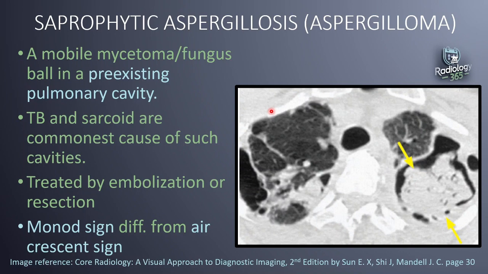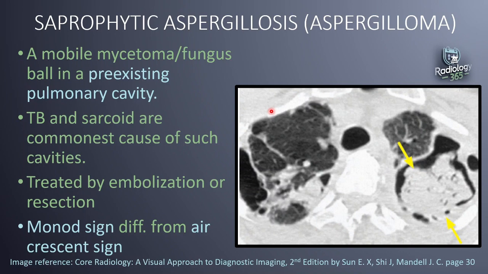So this aspergilloma or saprophytic aspergillosis is a conglomeration of intertwined Aspergillus fungal hyphae and cellular debris, which forms a mycetoma or what we call a fungal ball. So this forms within a pre-existing cavity. This fungal ball is actually mobile, and when you are shifting the patient from left to right during imaging, you realize that this fungal ball would also be shifting within the cavity with different positions.